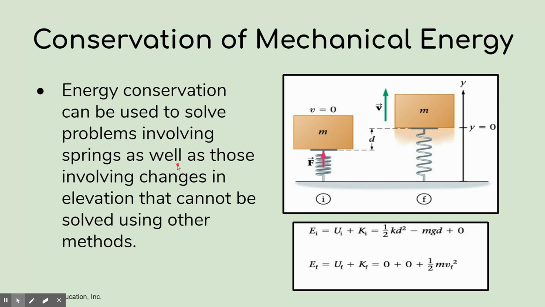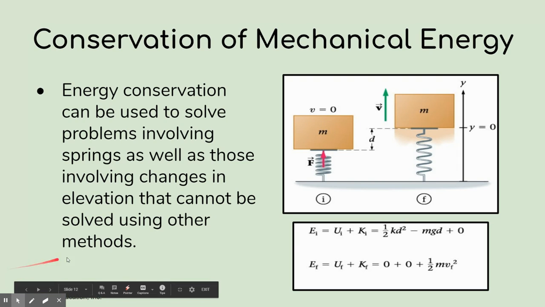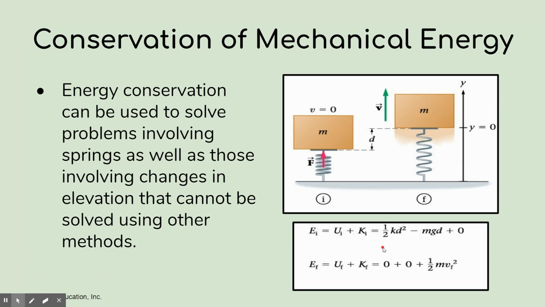Okay, so we would write our expression for the initial mechanical energy. And we see that right here. So our initial mechanical energy is equal to our potential plus our kinetic energies initially. When we plug in the appropriate information, we'll find that this becomes 1/2 k times d squared minus mgd plus 0.